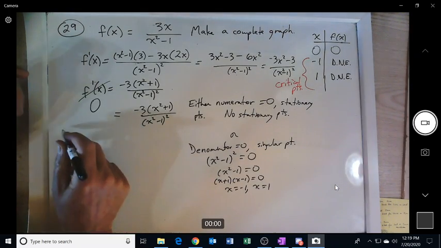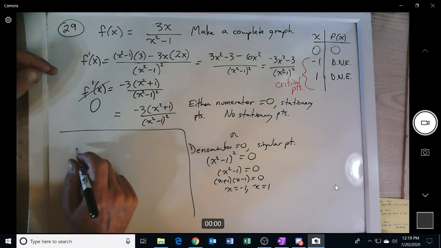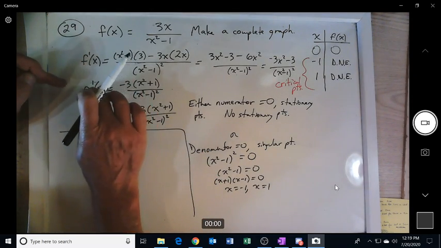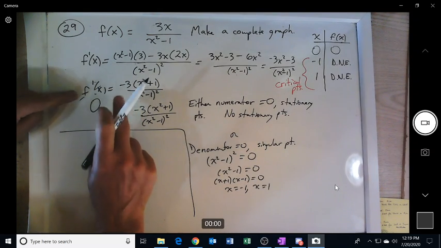Now we have to set f double prime. This was our most compact form of f prime.